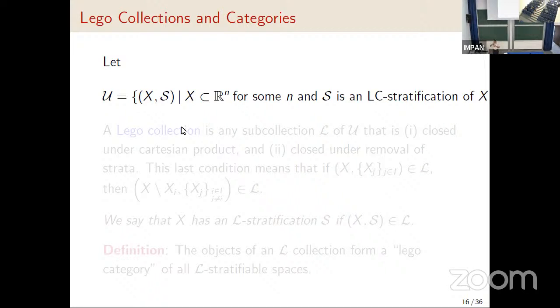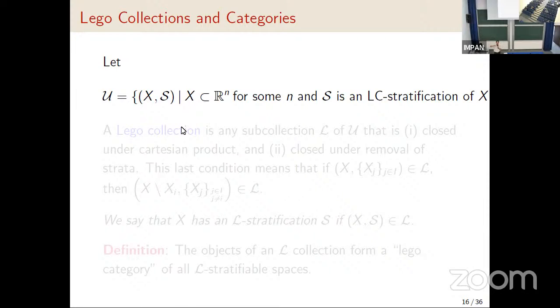So the idea is very simple. I already mentioned it in disguise. I want to take a space and decompose it, stratify it, into subspaces, and those subspaces have some properties: locally compact, locally finite type, things like that.